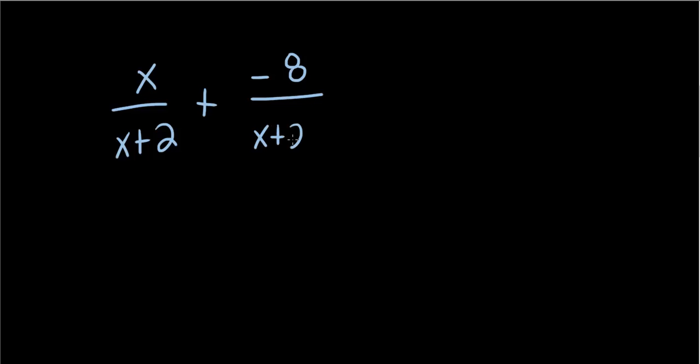It's going to be x over x plus 2 plus negative 8 over x plus 2 times x minus 2. I think I factored this one already. And let's see what we have.